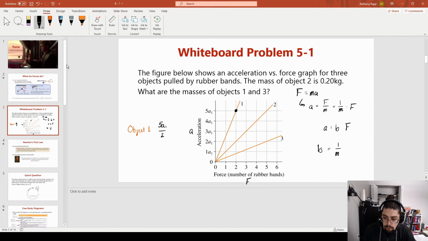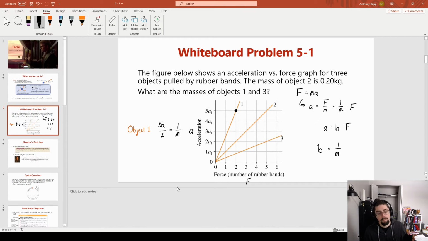Right? Shows up in a table somewhere, I'm positive. This standard rubber band force, but whatever. So that's fantastic. That would tell us what our mass would be. The slope should equal the inverse of the mass. B is equal to 1 over m. Except, what is A1?